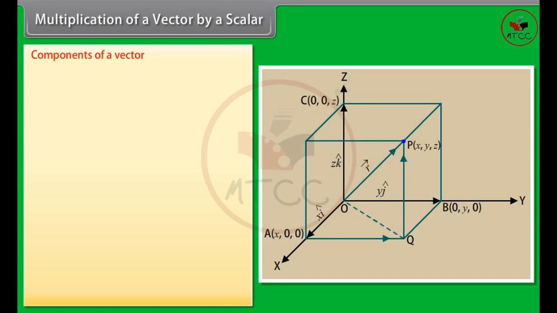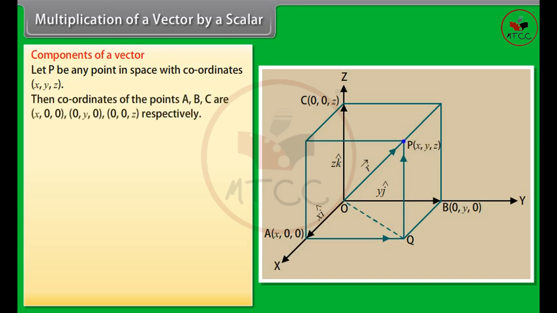Components of a vector. Let P be any point in space with coordinates x, y, z. Then coordinates of the points A, B, C are (x, 0, 0), (0, y, 0), (0, 0, z) respectively. Suppose now that the position vector of P is vector r. That is, vector OP equals vector r.